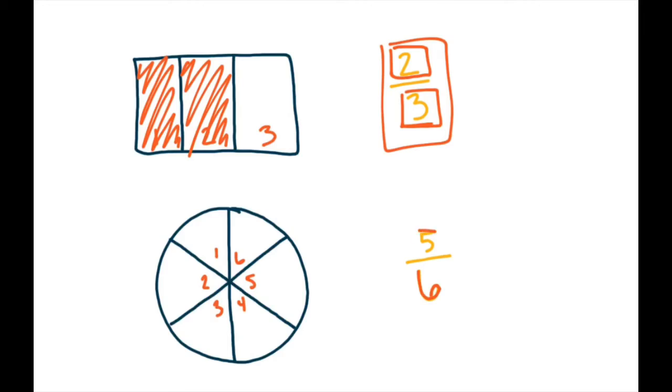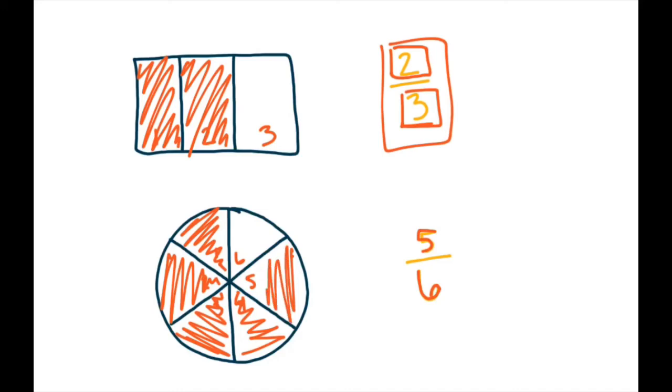Let's look at our numerator. There are 5 parts that need to be shaded in. 1, 2, 3, 4, 5. 5/6. We have that represented in our picture fraction and our number fraction, and they match.